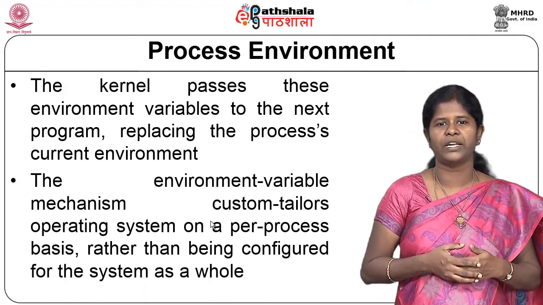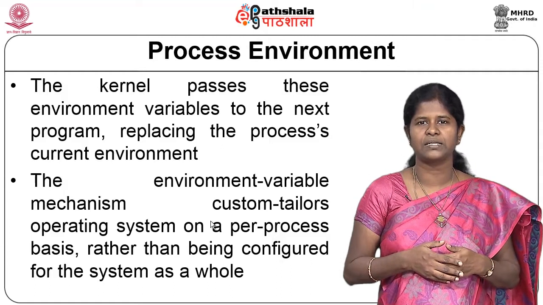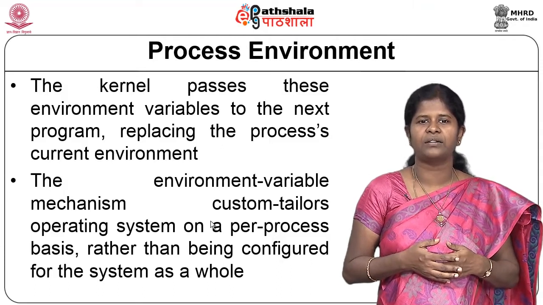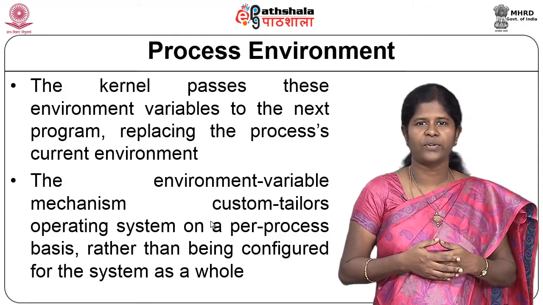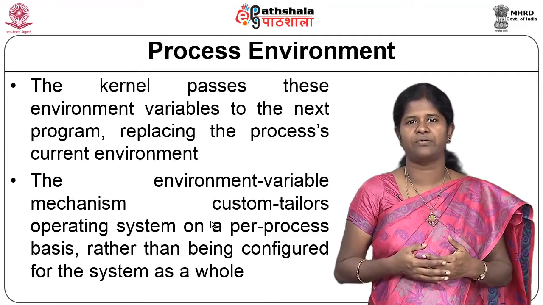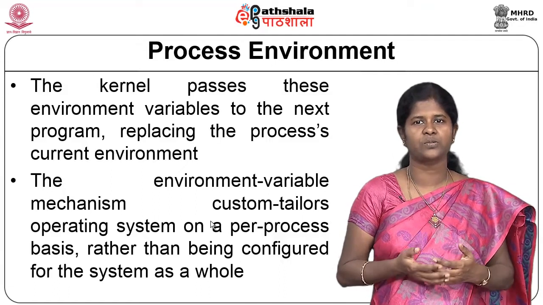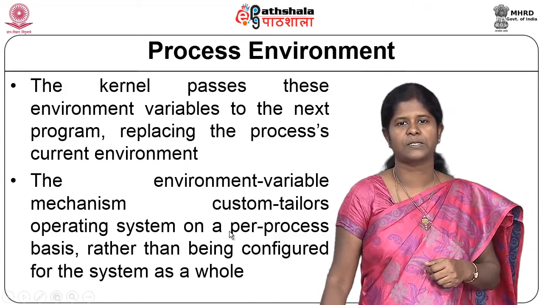The environment variable mechanism custom tailors the operating system on a per-process basis rather than being configured for the system as a whole. Each and every process can define its own set of environment variables, or change its own set of environment variables.